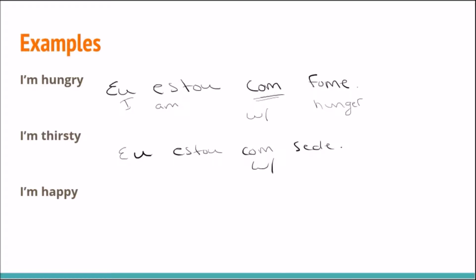Of course, I'm just using eu estou as the example, but you can certainly use você está, nós estamos, eles estão. And then for I'm happy, notice the difference. I think I used this example on the previous slide. Eu estou feliz. So you'll notice that the majority of the time you'll just use pronoun, estar, and the adjective.